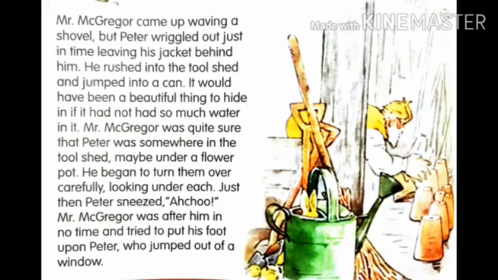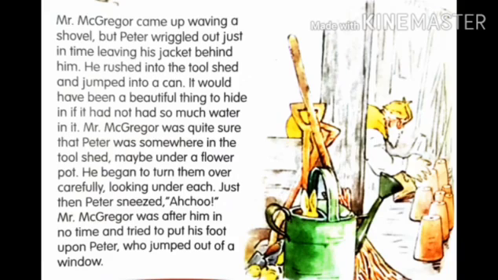He wriggled. Wriggle means moving. Just by moving his body, he came out, just in time, leaving his jacket behind. The jacket was stuck in the net, so he left it. Previously he lost his shoes. Now he left his jacket and came outside from that net.